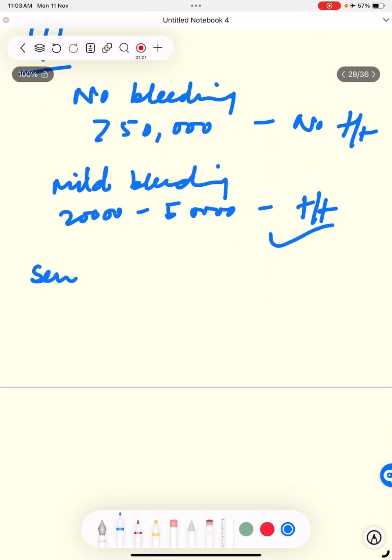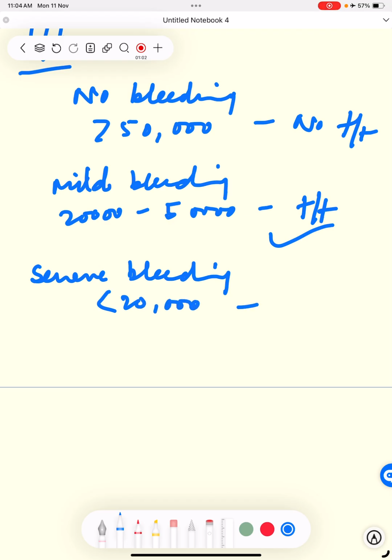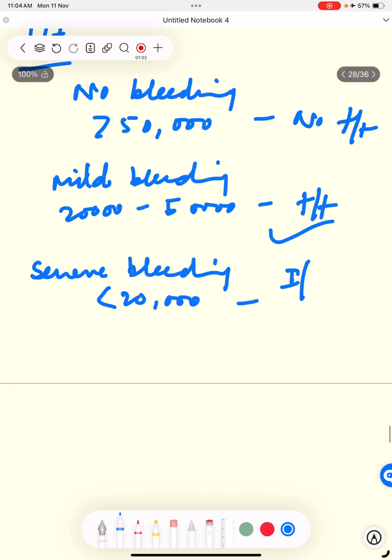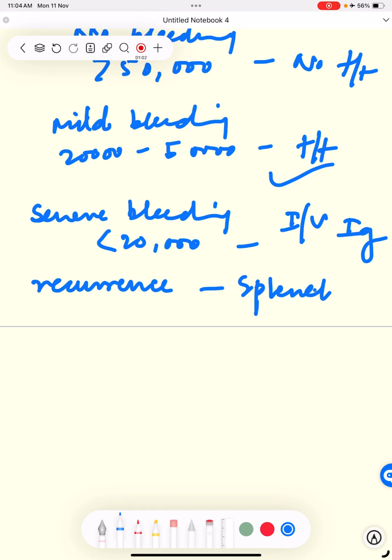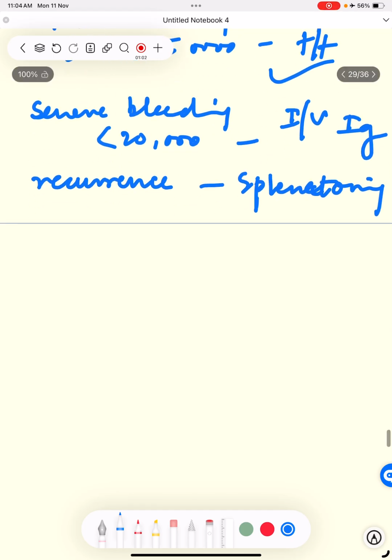In case of severe bleeding, such as GI bleeding or excessive DUB, and the platelets are under 20,000, then intravenous immunoglobulins have to be given. If recurrence of the episodes is seen, splenectomy is also done.